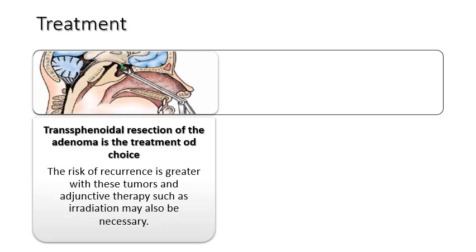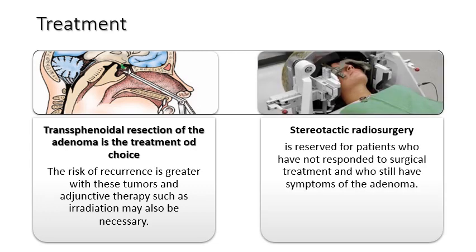The treatment of choice of non-functioning pituitary adenoma is the surgical approach, the transsphenoidal resection of the adenoma, and the interesting point here is that the risk of recurrence is actually quite high. There will be a high recurrence rate, and for this reason, usually we need adjuvant therapy.